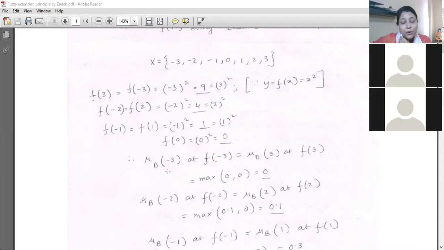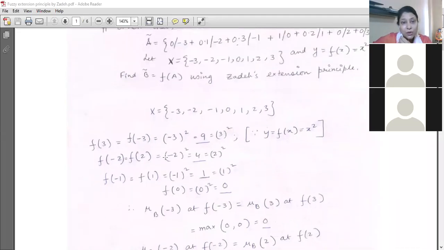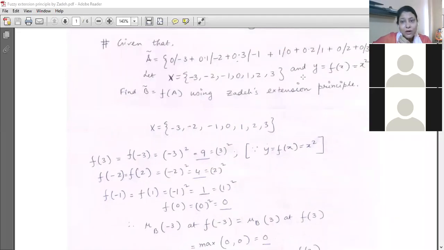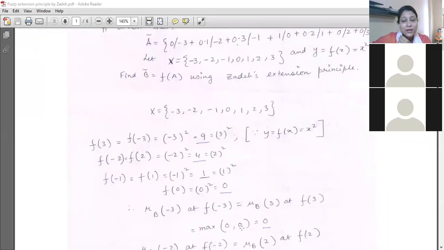So if you want to see what is your fuzzy set for A, then you can see that this -3 is having the degree of membership 0, and the +3 is having the degree of membership again 0. So basically this will give you a very simple thing, because among these two, no one is max.